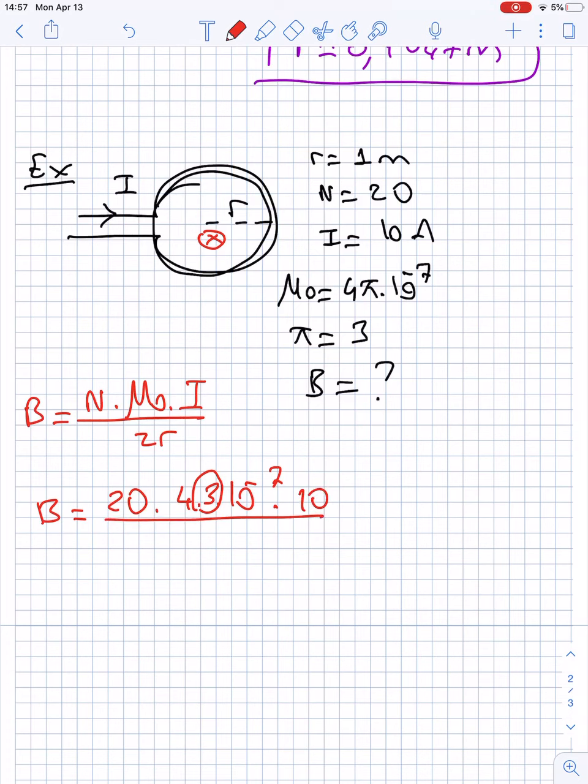It is 10 ampere over 2 multiplying R, which is 1. And after calculating, 20 and 2 are simplified, just 10 stays. After calculating, my result is 12 times 10 to the minus 5 Tesla, and my direction is into the page.